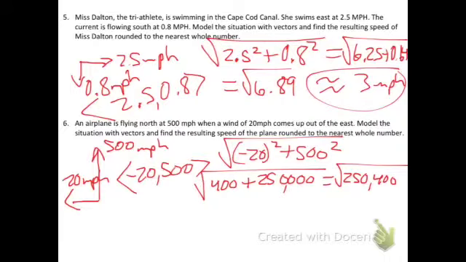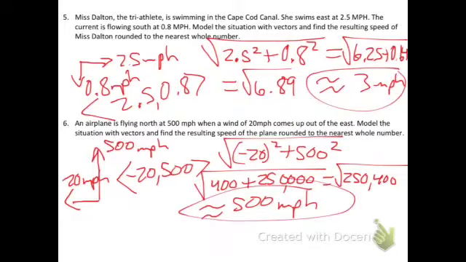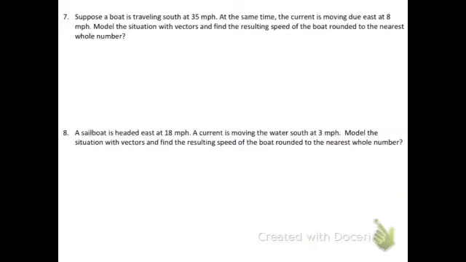And when you do that square root, you get 500.399, which is about 500 miles per hour. The 20 miles an hour really doesn't give a full mile per hour difference.